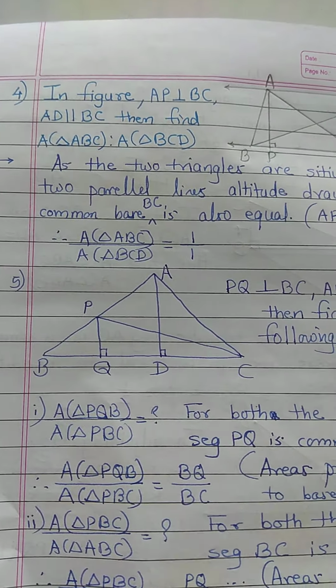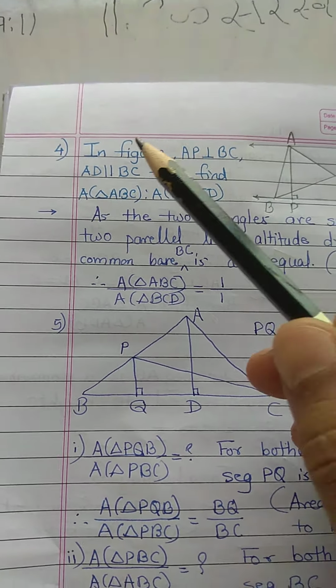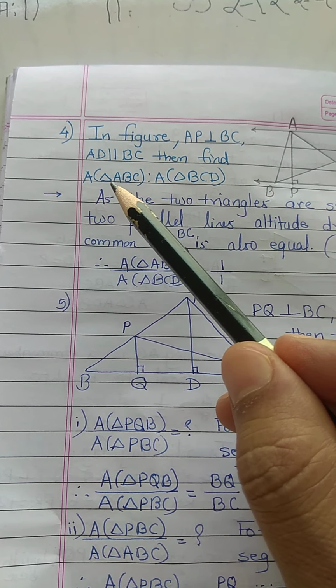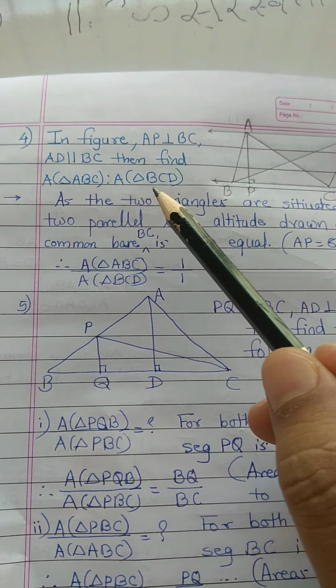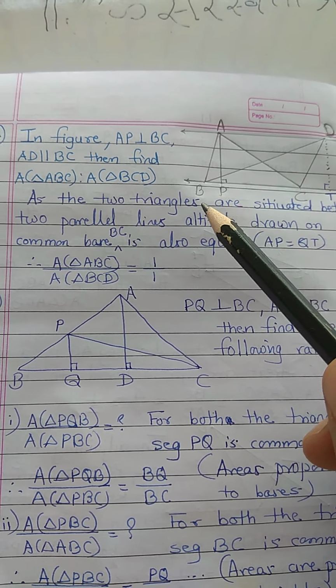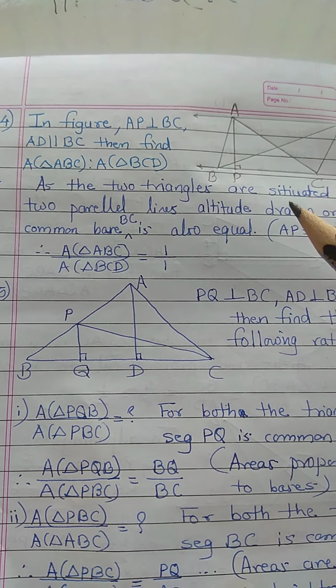Question number 4 is, we want to find out the ratio of areas of triangles ABC and BCD.